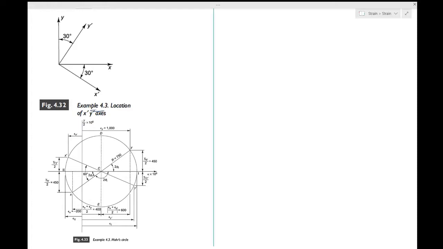We don't say a thin sheet, but a sheet means that it's a two-dimensional system, like a sheet of paper, for example. So the strain components are related to a set of xy axes, and you have the value of Ex as minus 200 into 10 raised to the power of minus 6.